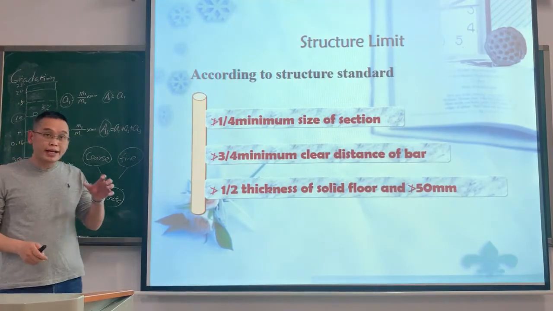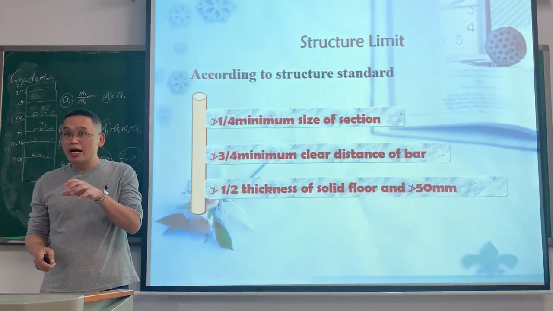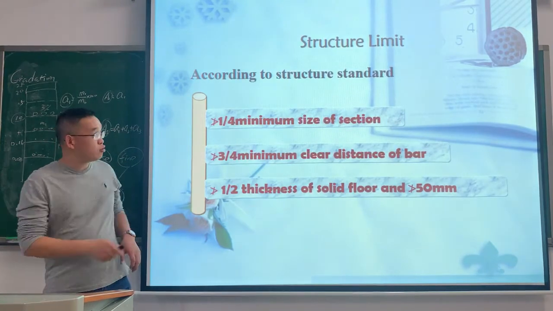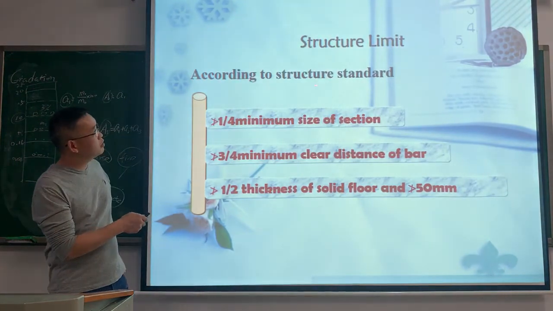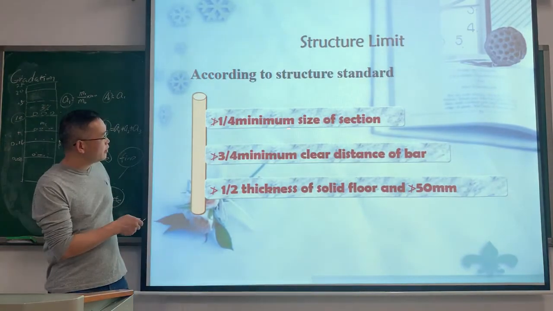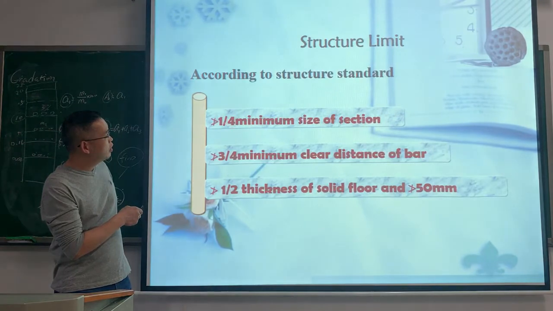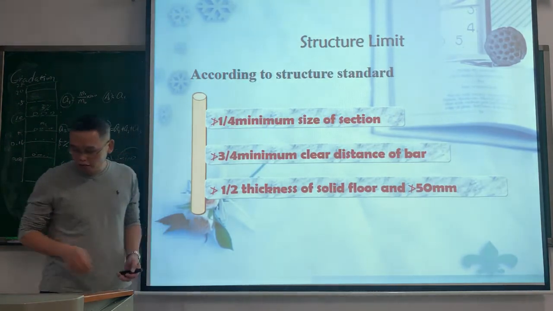And for the coarse aggregate we used in the structure, the maximum size of it is controlled by this standard. According to the structure standard, the maximum size of coarse aggregate is below 1/4 minimum size of section.